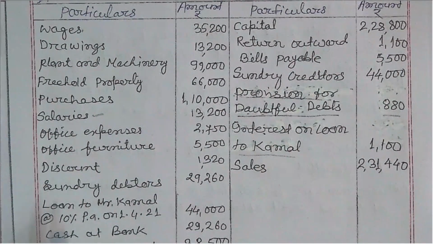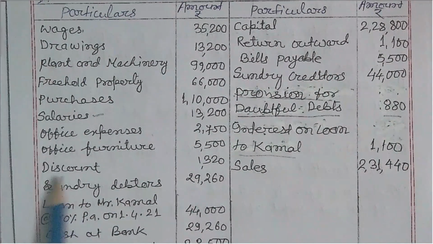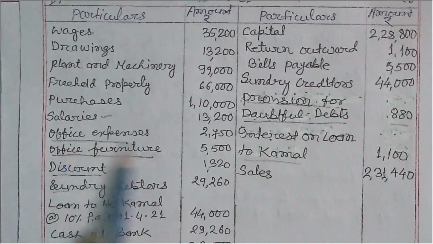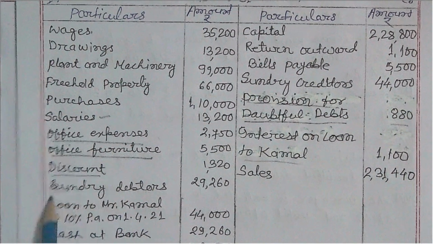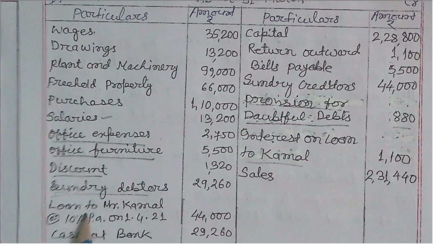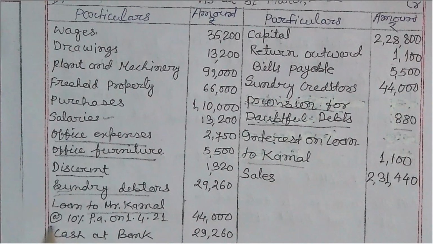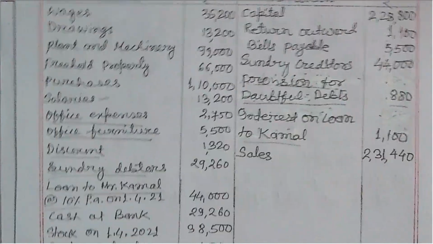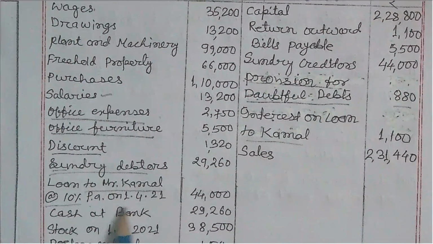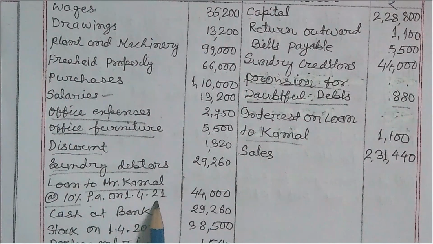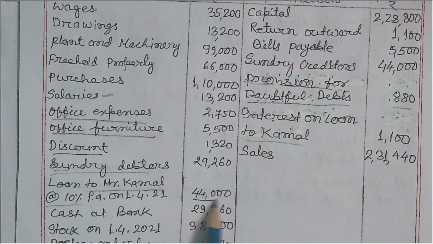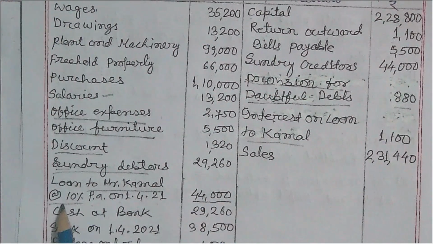On debit side also having some more items. These are the items: sundry debtors, discount, office furniture, office expenses, loan to Mr. Kamal at the rate of 10% per annum on 1st April 2021. It means that the loan amount given to Kamal 44,000 at the rate of 10% interest.